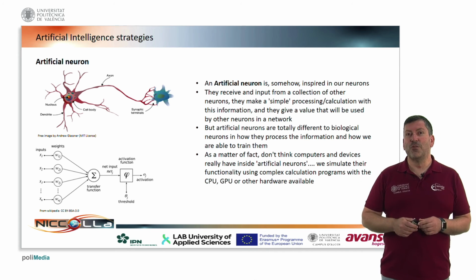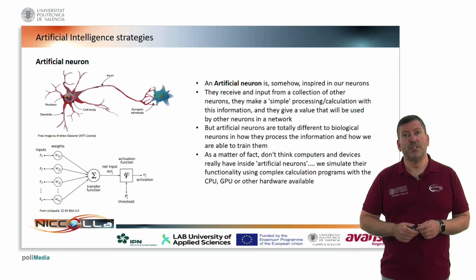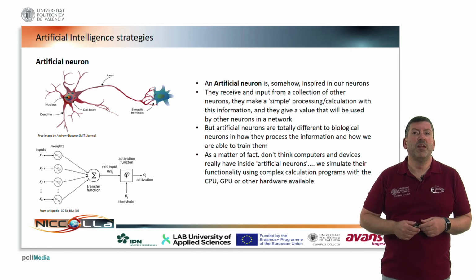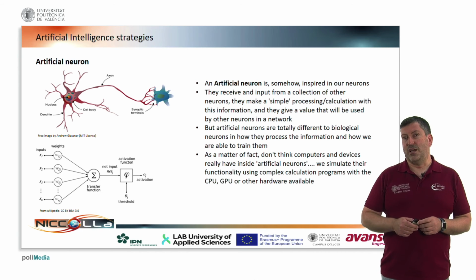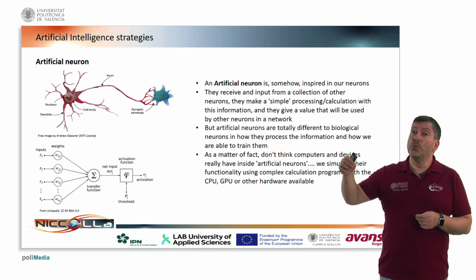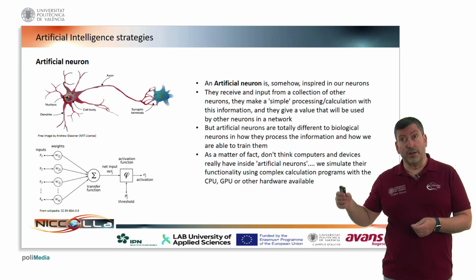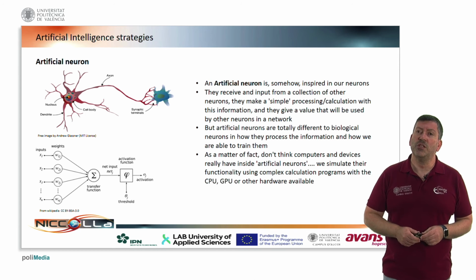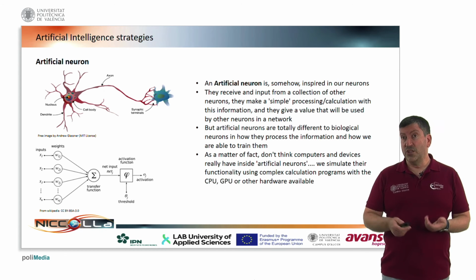But artificial neurons are totally different from biological neurons in how they process the information and how we are able to train them. So the similarity is just that they receive inputs from other neurons, do a very simple calculation, and return a value that is going to be used by other neurons. This is the only analogy we can make with biological neural networks.